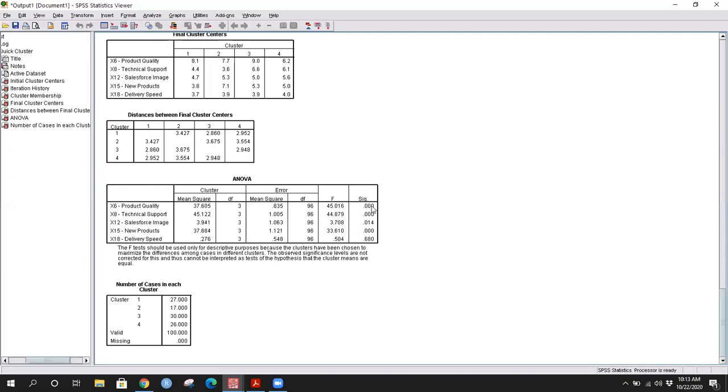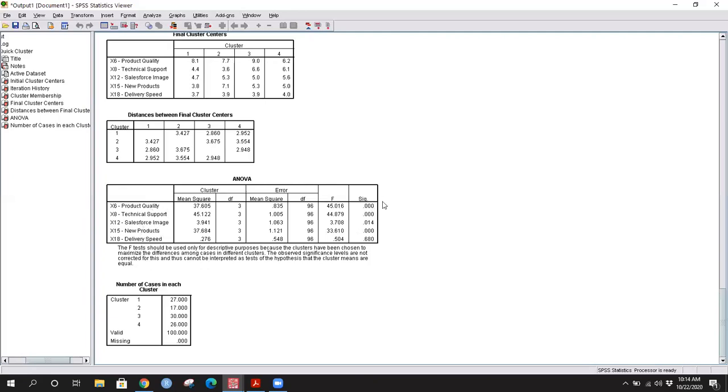You compare it with alpha of 1%, 5%, whatever alpha you choose. You see that you're able to reject the null hypothesis of equal mean scores for product quality across the clusters. So I can say that product quality means indeed differ significantly, and this as a clustering variable does a fairly good job. Now we can likewise test for all the variables.